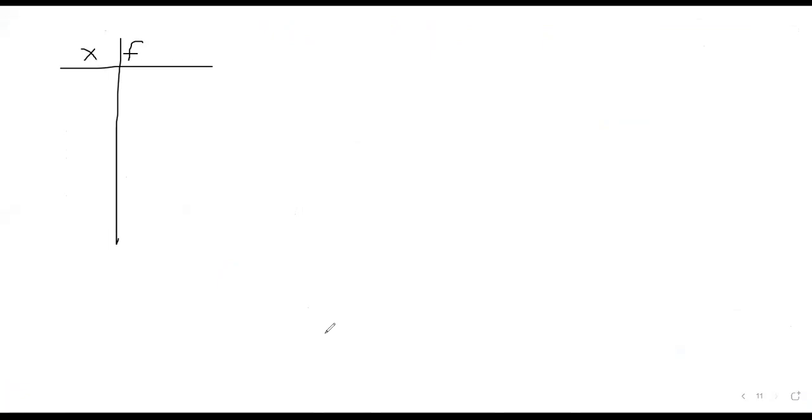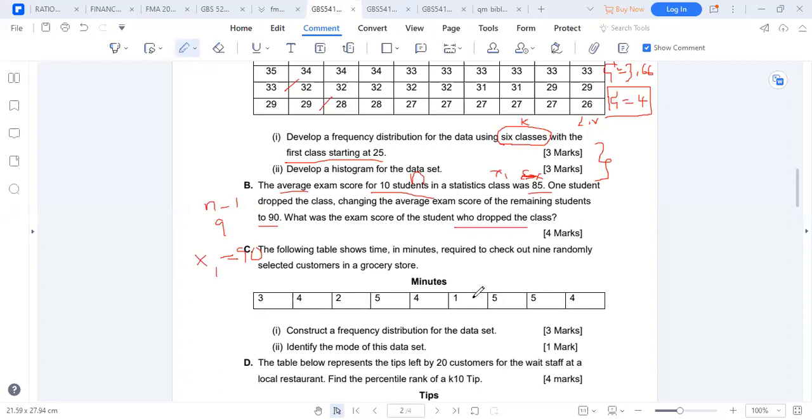We have a 1, a 2, a 3. Ones, we have just one. Twos, one. Threes, one. Fours, we have three. Fives, we have three.